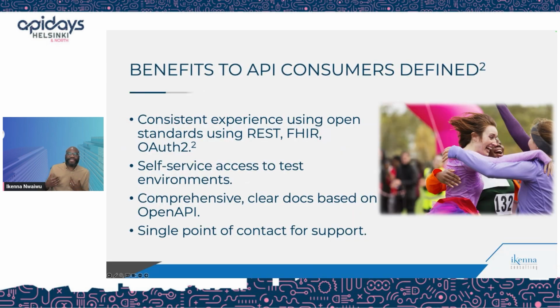And NHS England took the time to define the benefits the API platform will provide to their API consumers. This included things like providing a consistent experience, using open standards, whether it was REST or FHIR, the Fast Healthcare Interoperability Resources, which is a global standard for healthcare data exchange, providing self-service access to test environments, and providing clear documentation.